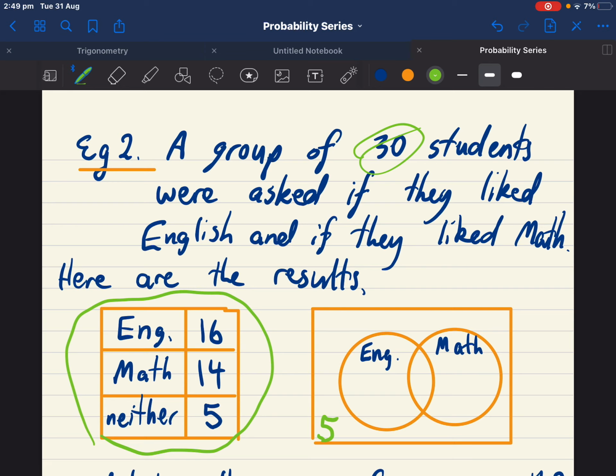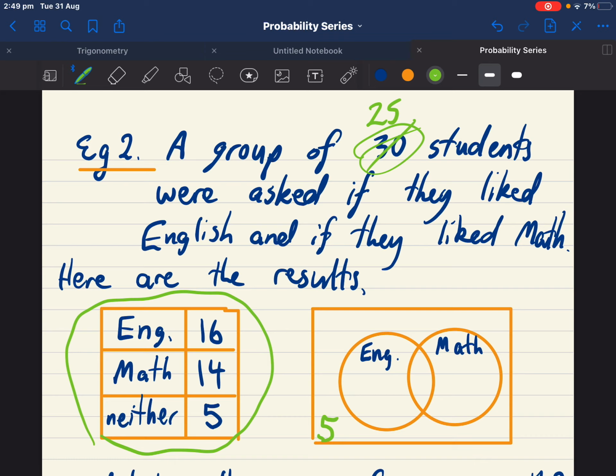All right, so we've got 5 people covered already. We had 30 in total. We've already placed 5. How many are left, right? There's going to be 25 students left that need to be inside the circles, because we've covered all the people that don't belong to a set. So 25 students need to fit inside the circles.